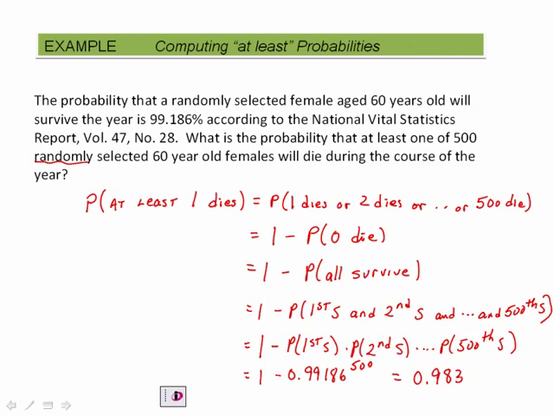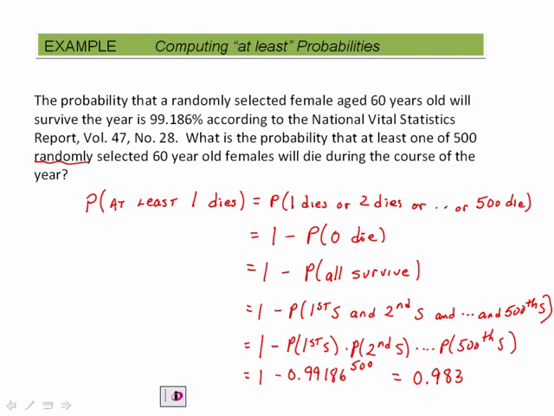I messed up my decimal. So if we randomly selected 100 different groups of 500 females that are 60 years old, about 98 of the times we're going to find at least one of them dies during the course of the year.